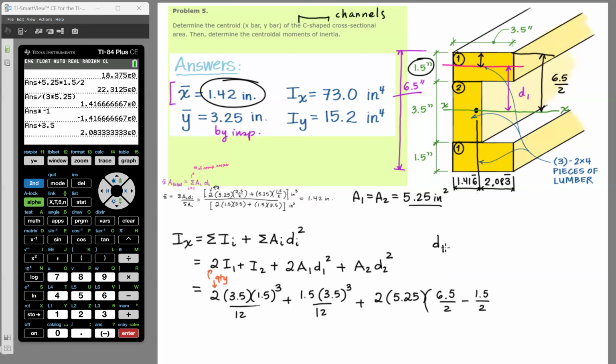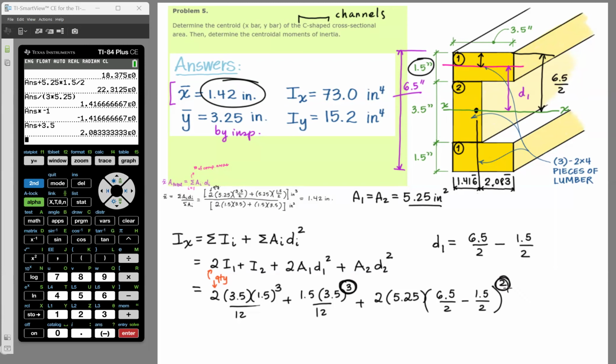Okay, so what I'm doing is D1 equals total height 6.5 divided by 2 for the top half minus 1.5 divided by 2 equals whatever that is. I'll just punch it in a minute. All right, and we don't forget to square. Don't forget to cube.